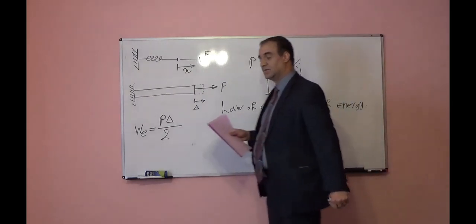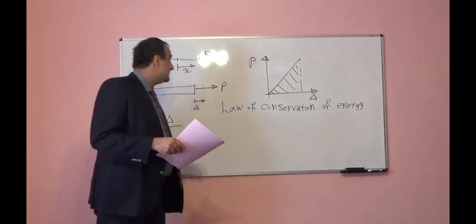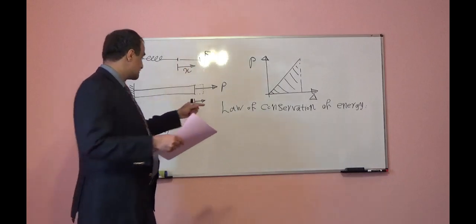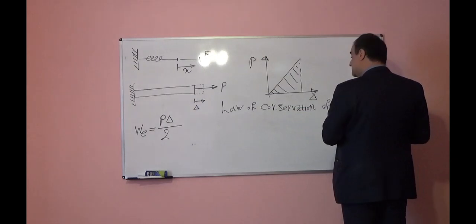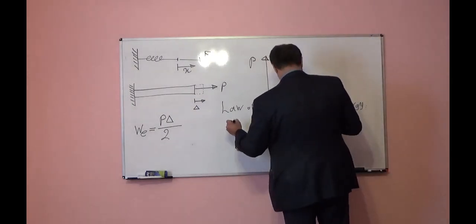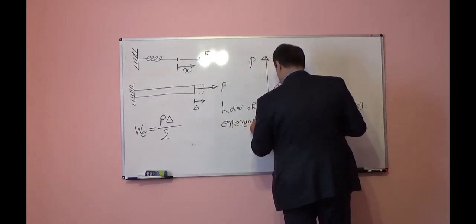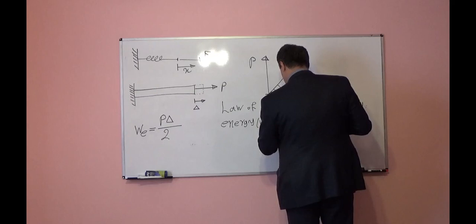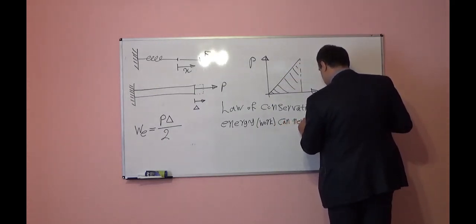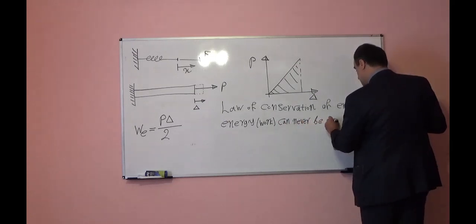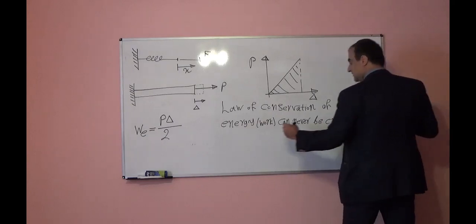According to this law, what do we know? We know that energy can never be created or destroyed. So if I want to write the law of conservation of energy in simple words, I can write: energy or work can never be created or destroyed.